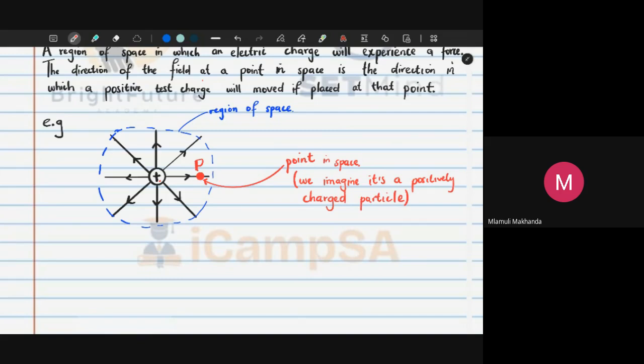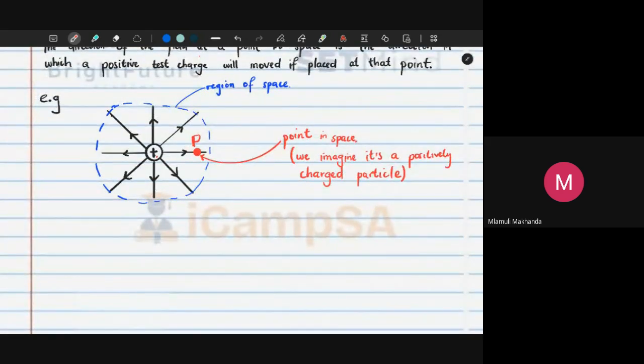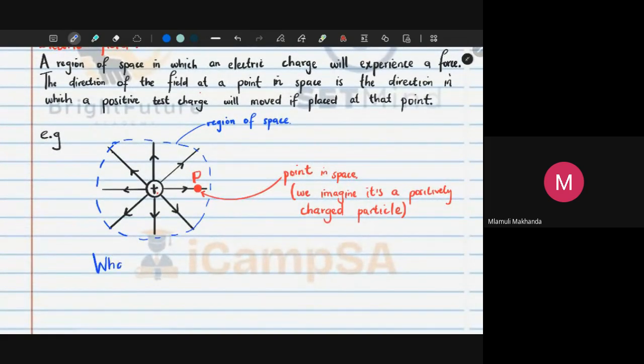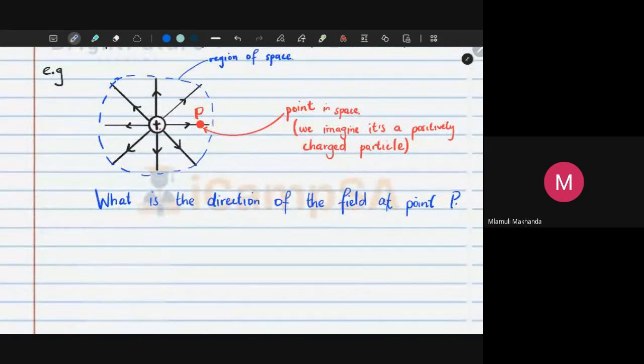Now we want to understand, if I stand at that point, where will the direction of the electric field be going? So where will point P be going?